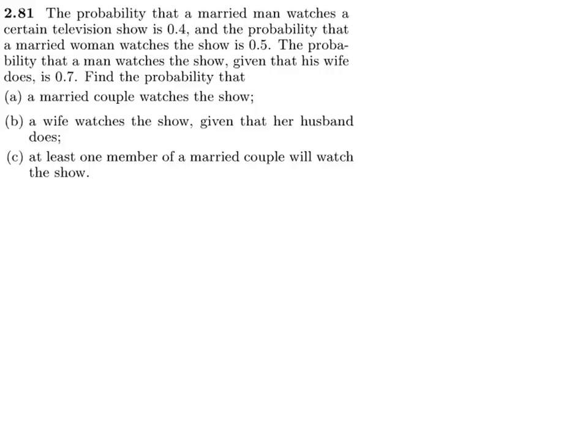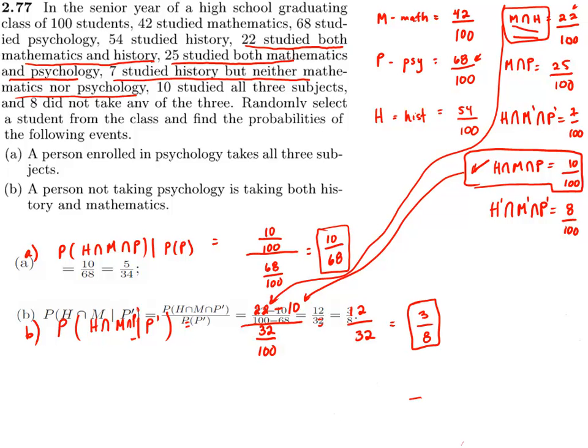Okay, so the next one is also a conditional probability, the probability that the married man watches a certain television show. It's 0.4, so I'm going to put that probability here as probability of husband.